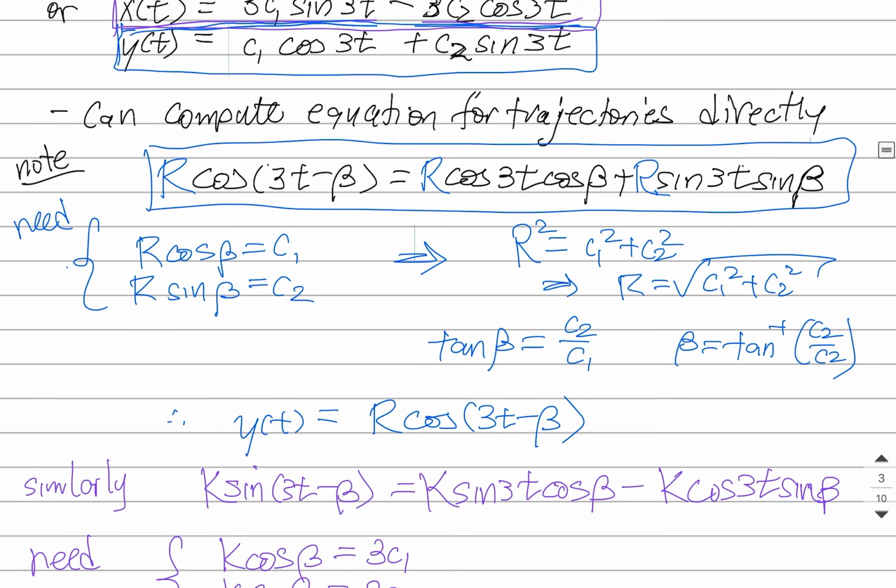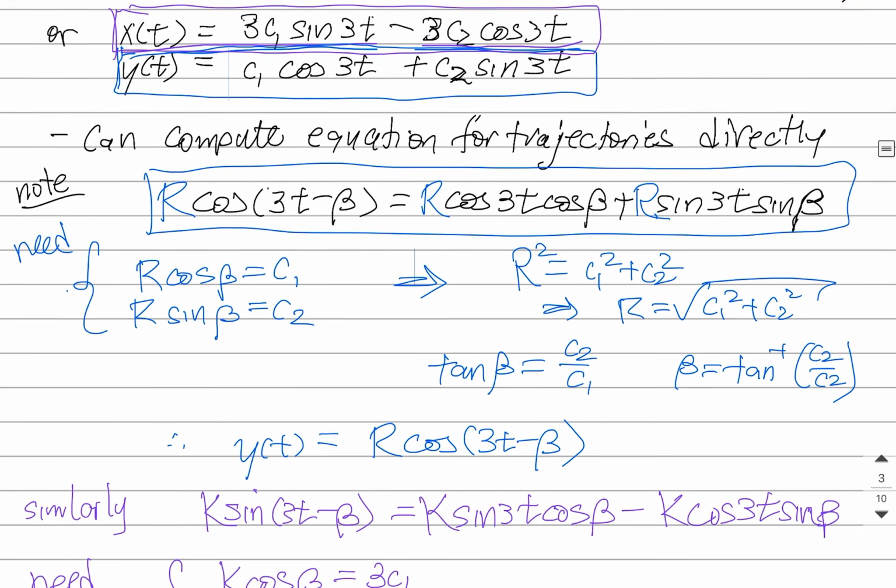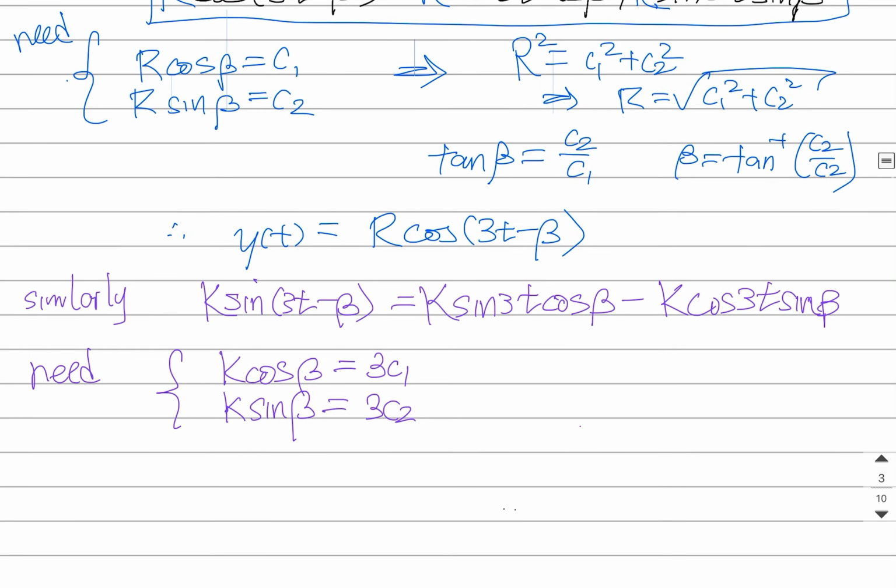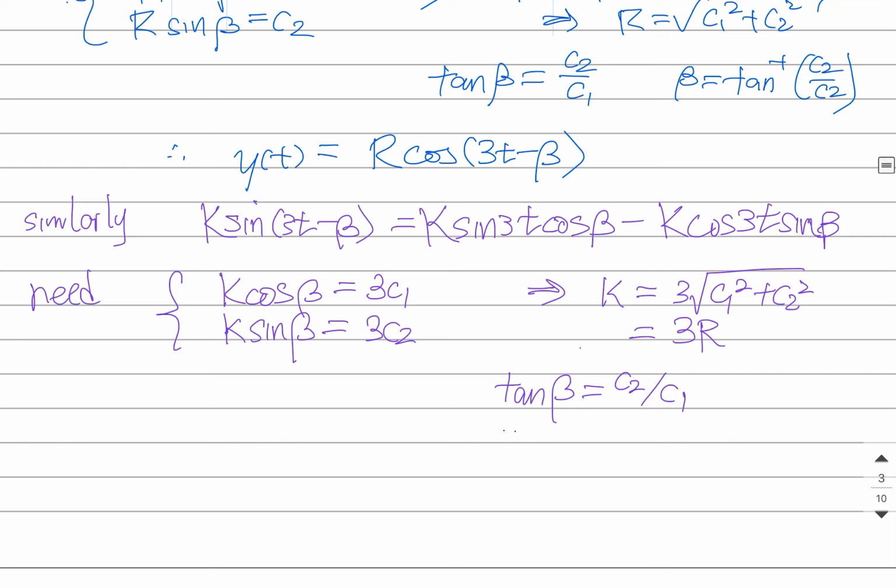So again, you can pause and take a look and see what needs to happen in order to make this match. But what we'll find here is that k is going to end up being 3 times the square root of c1 squared plus c2 squared, which means that it's 3 times the r value I got for the other term. As before, tangent of beta is still going to be c2 over c1, so it's the same beta.